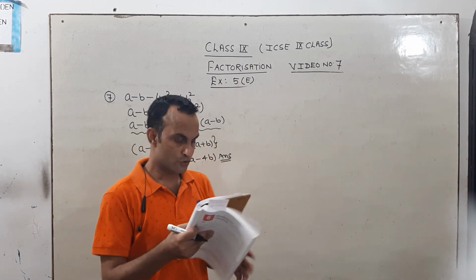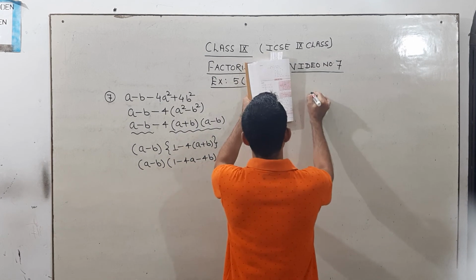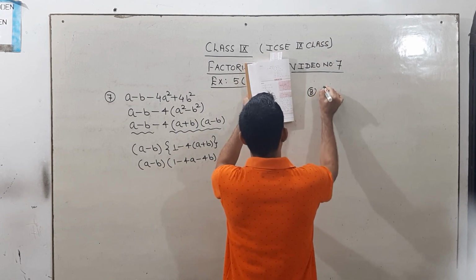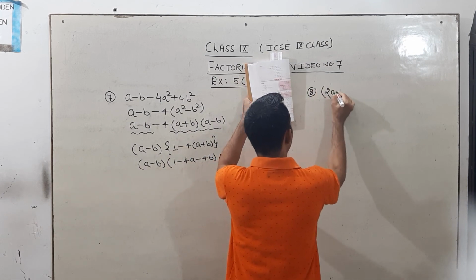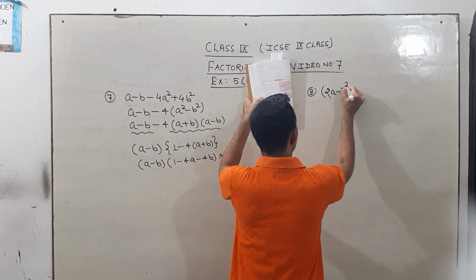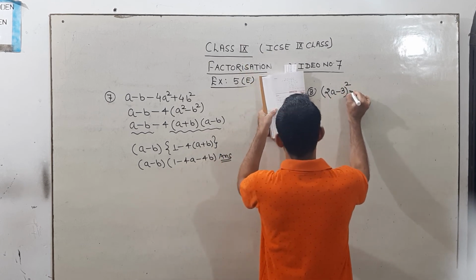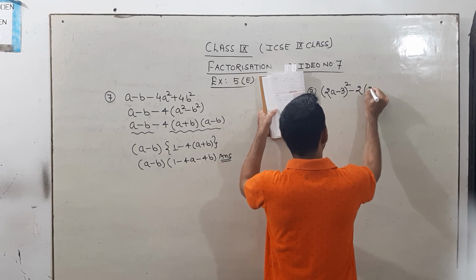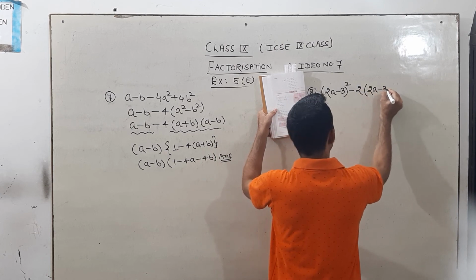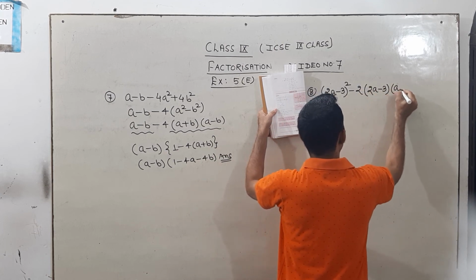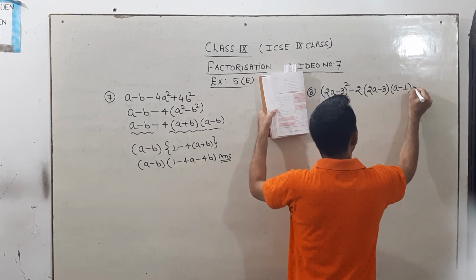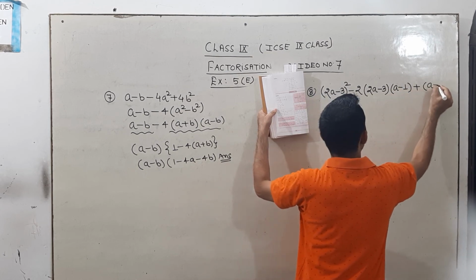See, question number 8. 2a minus 3 whole square minus 2 times of 2a minus 3 into a minus 1 plus a minus 1 whole square.